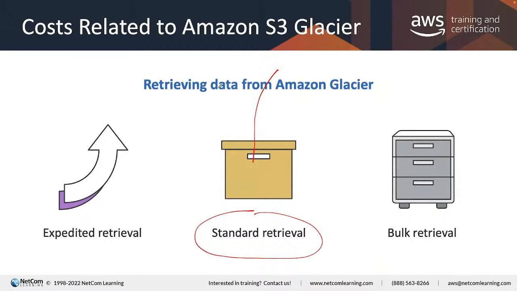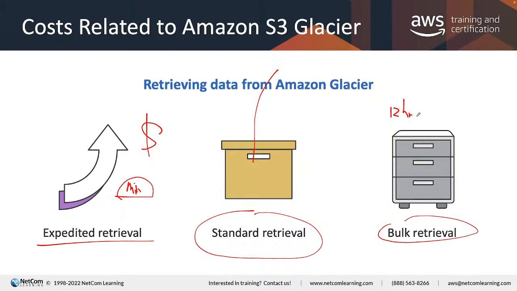If you want to retrieve those data in minutes, you can use expedited retrieval, but the cost is much higher. In other words, you can pay for retrieval time. So in this case, you can get back your data in minutes, but you still don't have immediate access. Bulk retrieval takes up to 12 hours, but this is the cheapest.